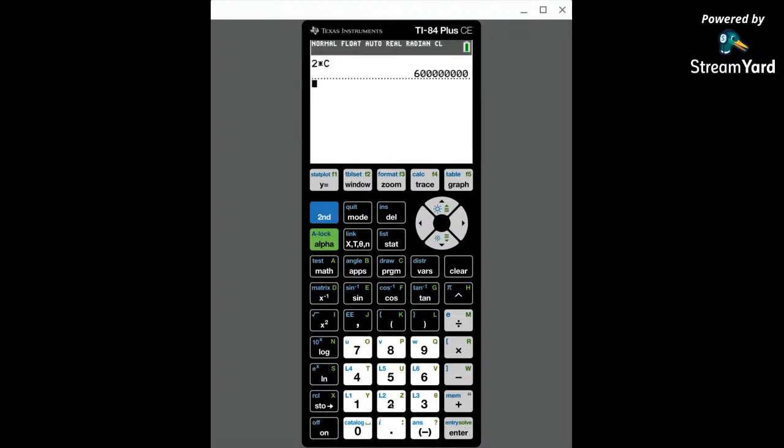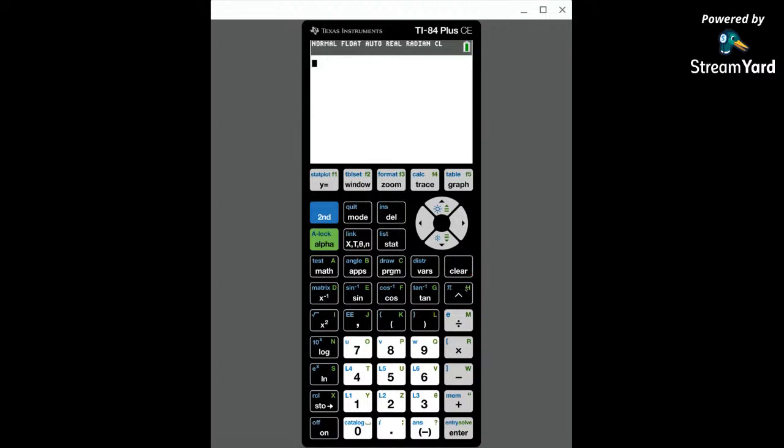But even quicker, I can simply type 2 alpha C, and my calculator recognizes that because they're sitting next to each other, I want to multiply, and I don't even have to hit the multiply button. Same thing if I'm going to divide, alpha C divided by 2, and notice I get half of the value of C. So that's a speedy way to enter that value without having to constantly type in 3.00 E8.